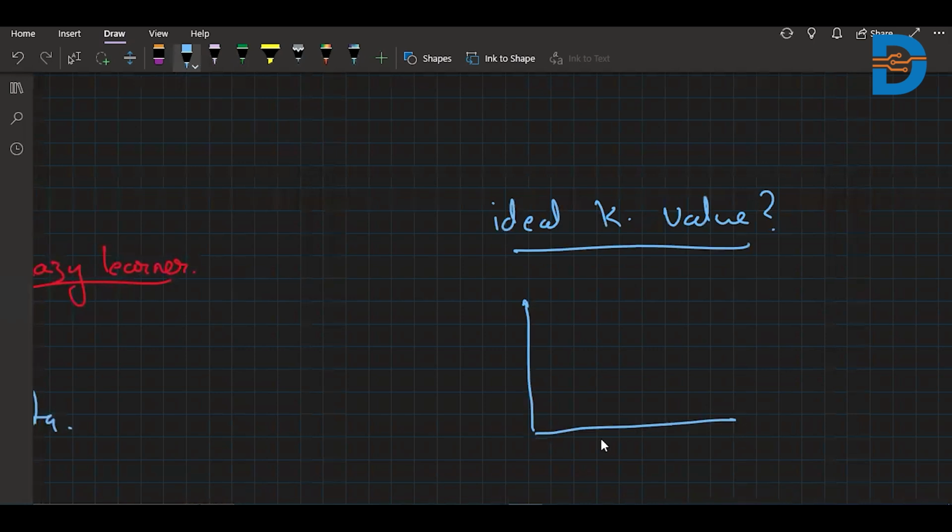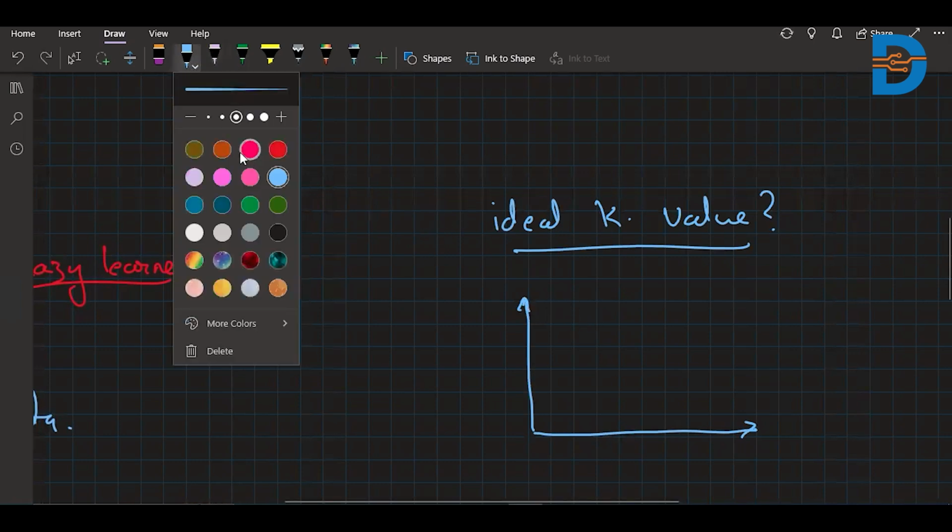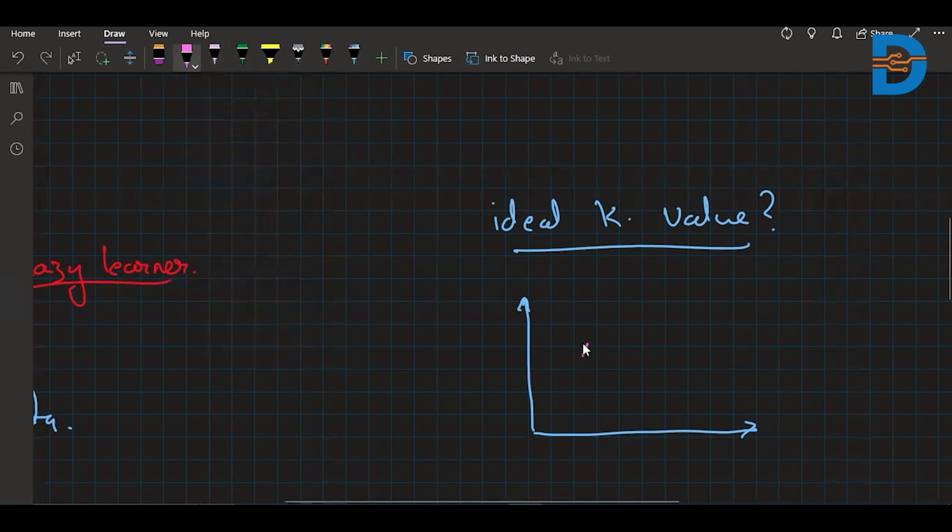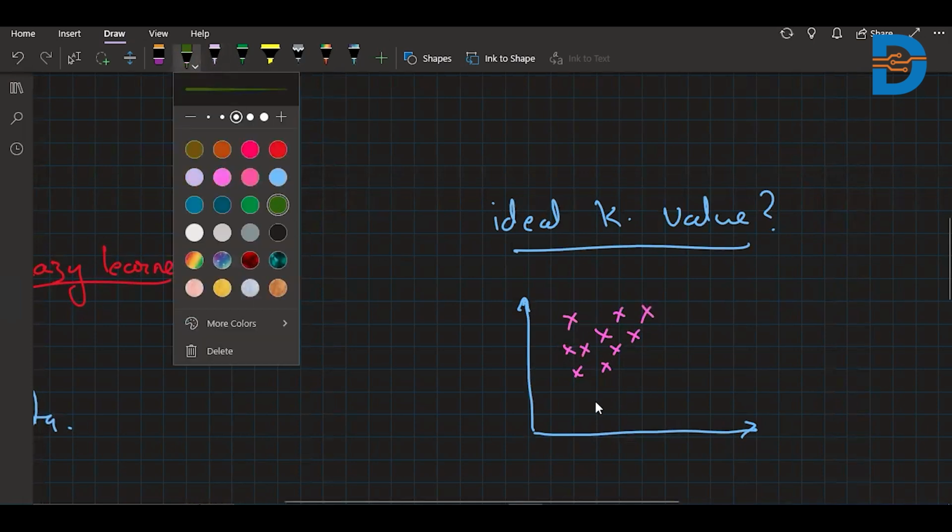Okay. Let's say I have this kind of a data distribution. I have a lot of purple points over here, and a lot of green points.